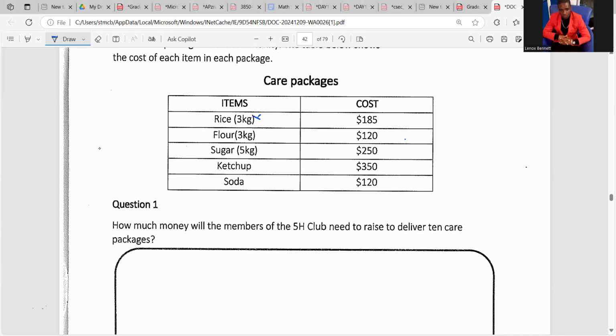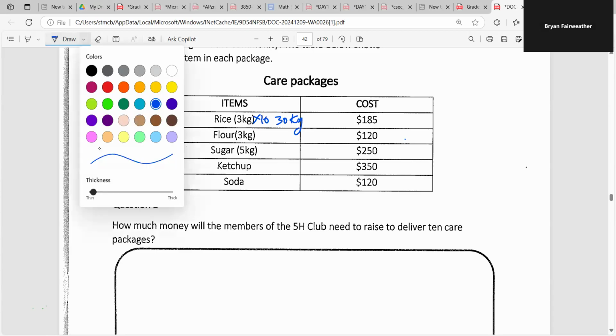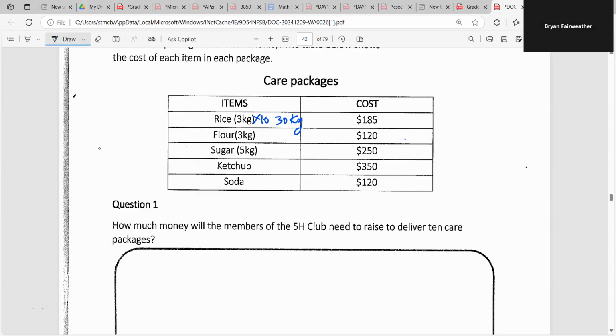Since for 3 kilograms you get 185, if it's 30 kilograms down there, you would have to multiply 10 by 185, which gives you 1,850.